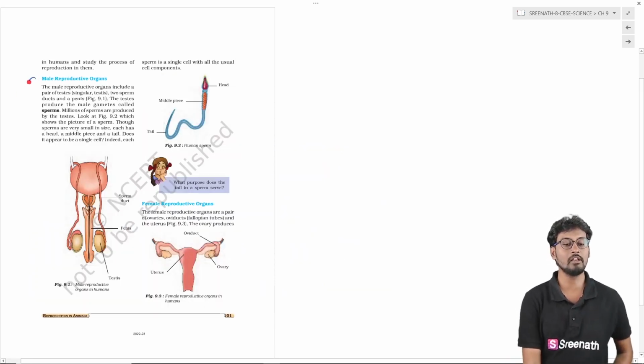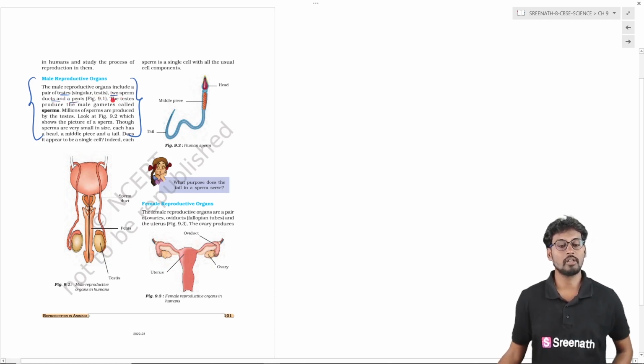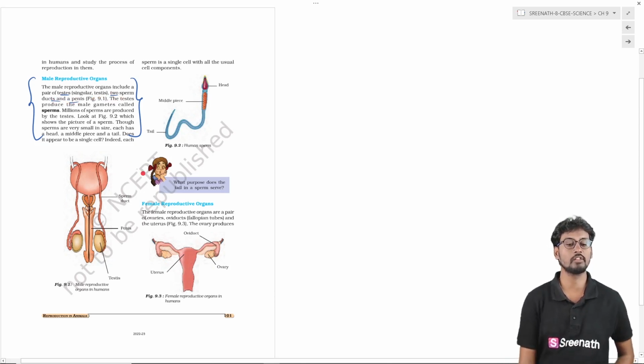Coming to the male sexual organs, we can see a pair of testes, two sperm ducts, and also a penis.